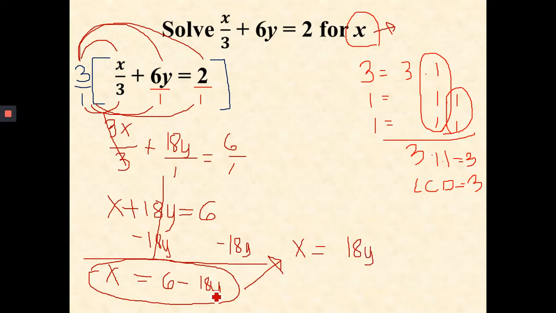So that is negative. And then 6. What is the sign of 6? You cannot see any sign here. So that is positive. We just interchange their position. Okay? So x equals 6 minus 18y. That is the answer. Or it can be x equals negative 18y plus 6. Any question?